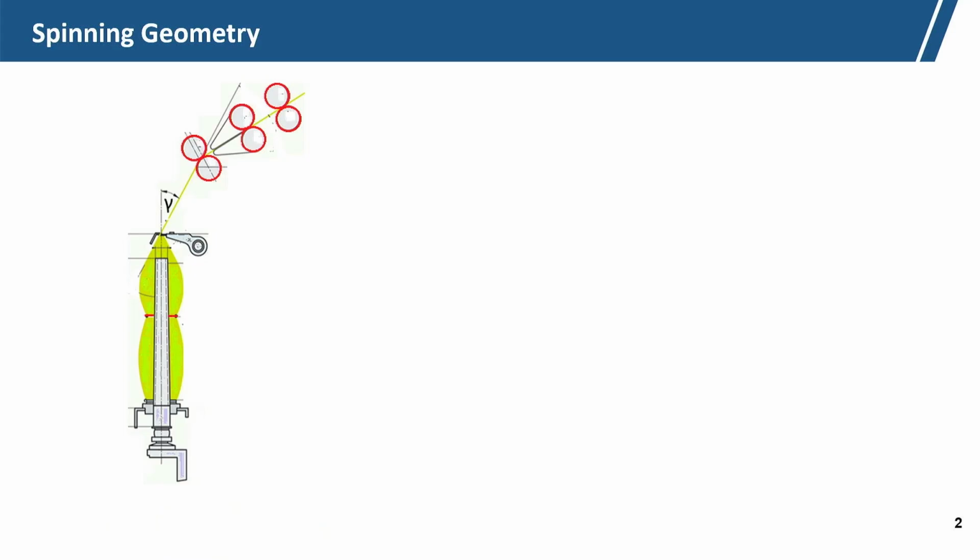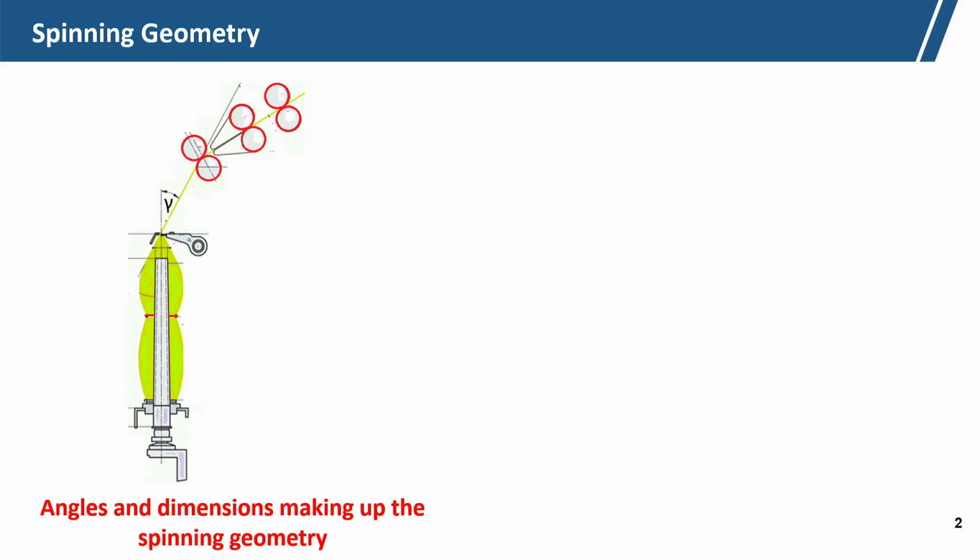Let us try to understand the implication of spinning geometry and how we can control it. Spinning geometry is basically the angles and dimensions, all the different angles and their dimensions, at every point. But in our present discussion, we will not discuss each and every component, we will discuss a few important parts.